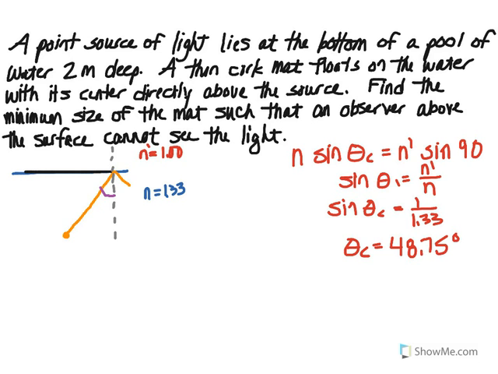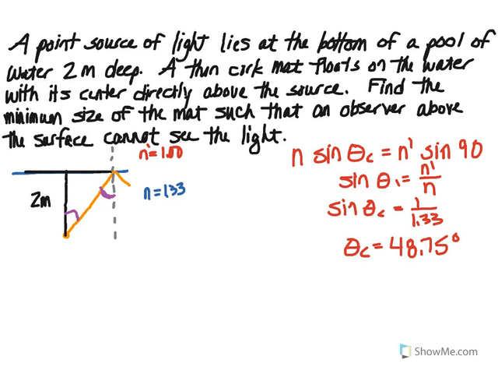There are a few ways that you can go about solving the problem from here. We are told that the source is 2 meters below the surface. And so you can see we're forming a triangle here. The 48.75 degrees that we just found for the critical angle would be equal to the angle here.